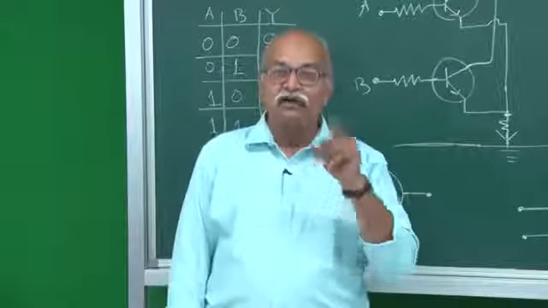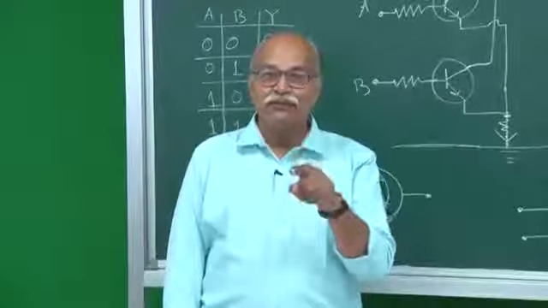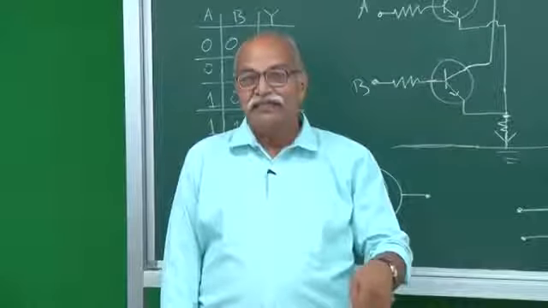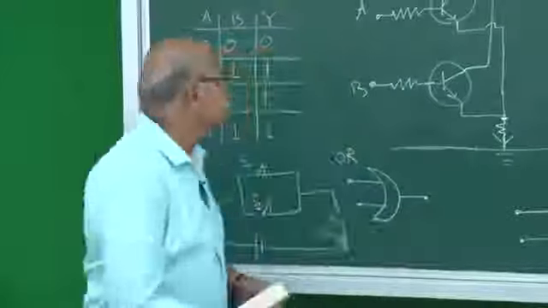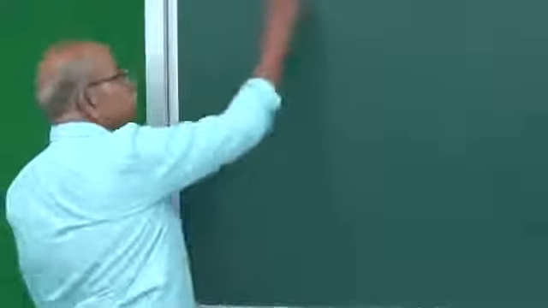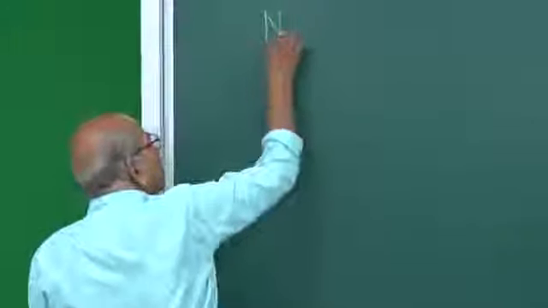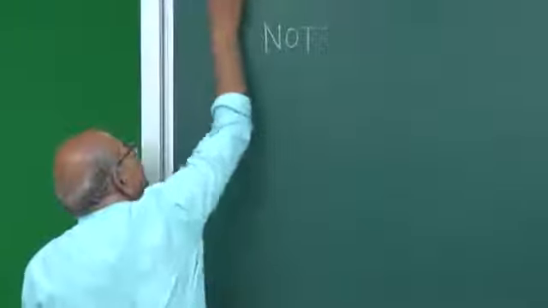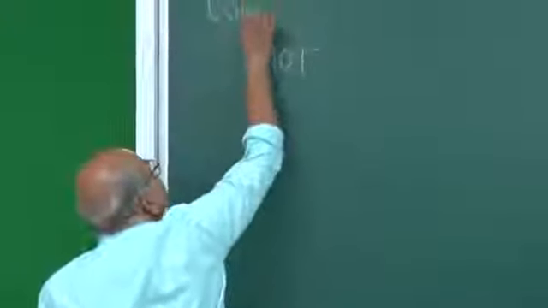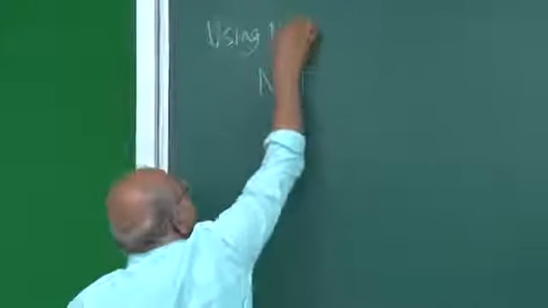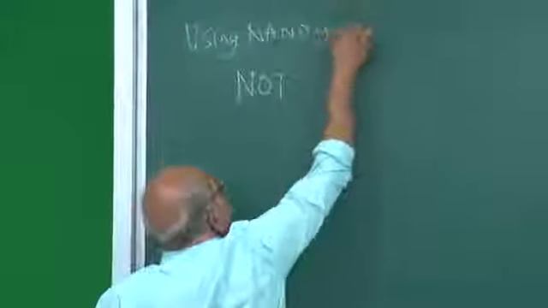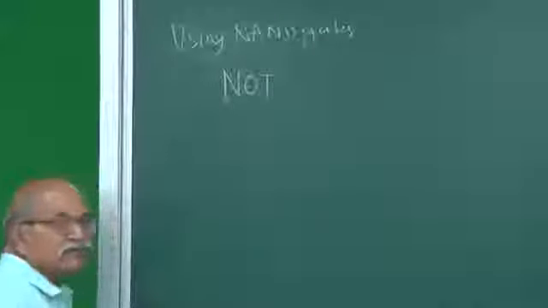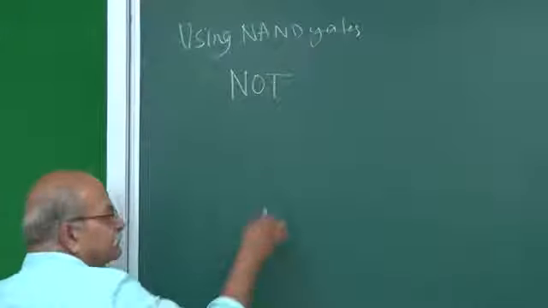So let me show how NAND gate can be used to form the three basic gates, NOT, AND, and OR. First, let us try to make this NOT gate. So everything using NAND gates, and pretty simple.